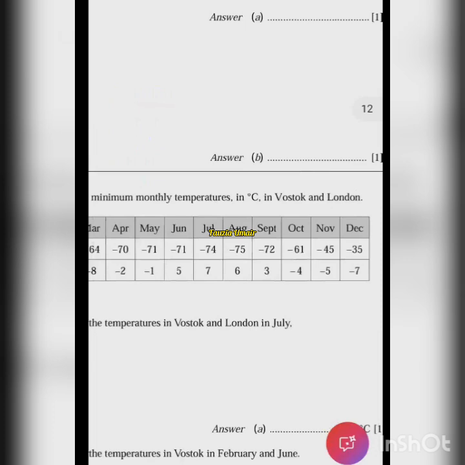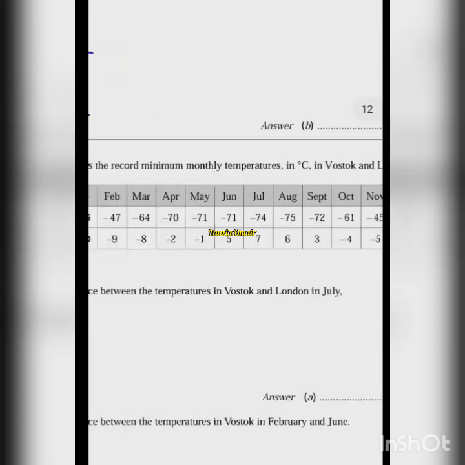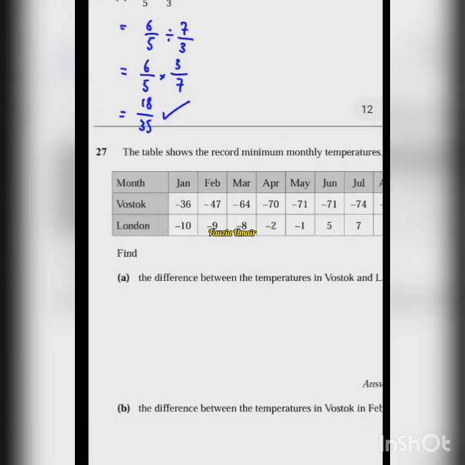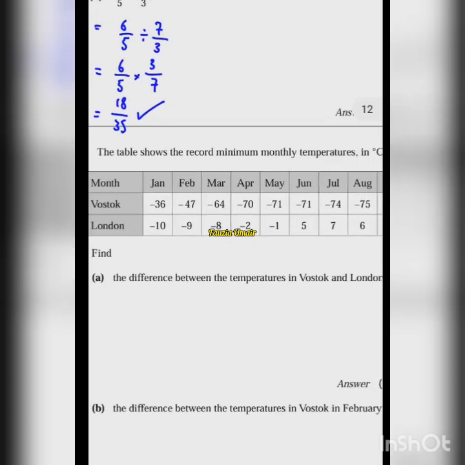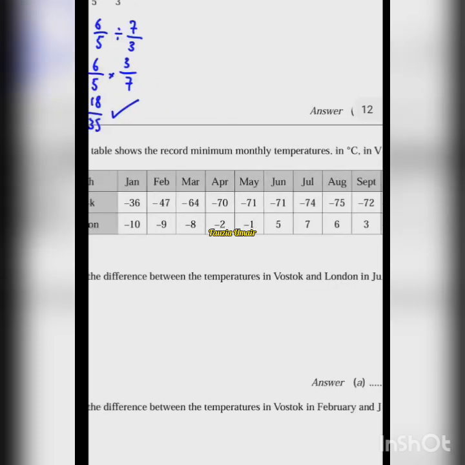So the table is given, the yearly record of 2 different cities and their temperature is given in centigrade. So the first question is the difference between the temperature in July in both cities. So this is very interesting and students usually make mistakes in that. So what do you think is the difference between the two temperatures of the 2 cities?